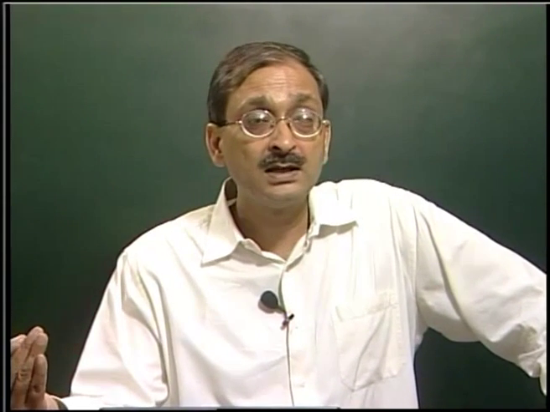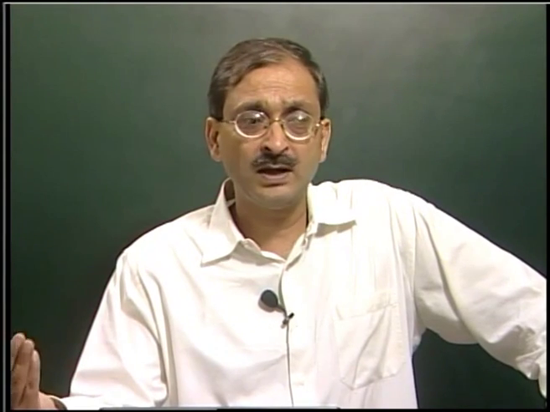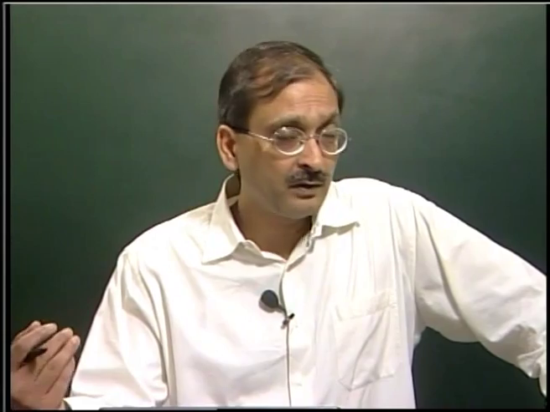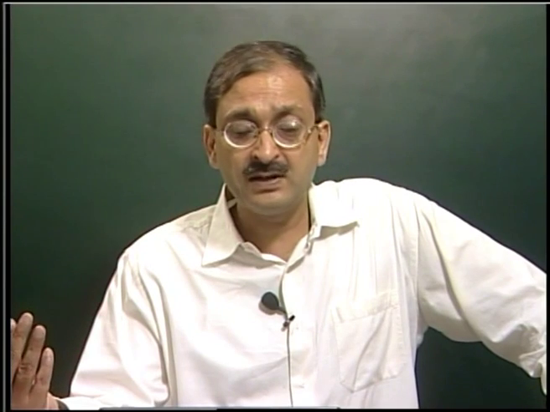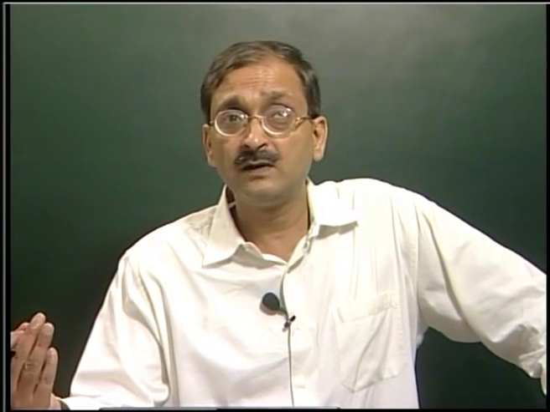All right. So, whenever we are carrying out this frequency analysis, it is with respect to a specific probability distribution. We had seen the example of binomial distribution earlier, but now we will look at 2-3 different methods of fitting this frequency analysis, or determining the value of K, depending upon the different probability distribution.